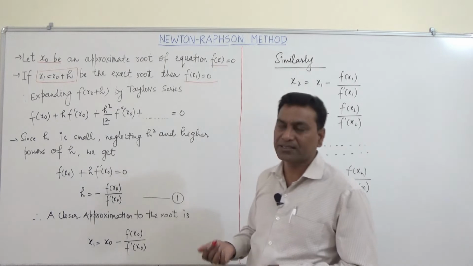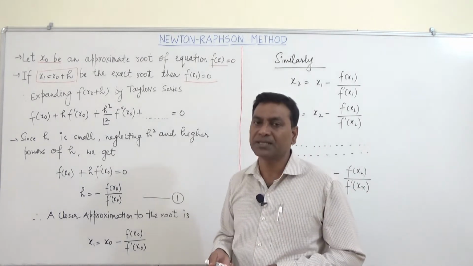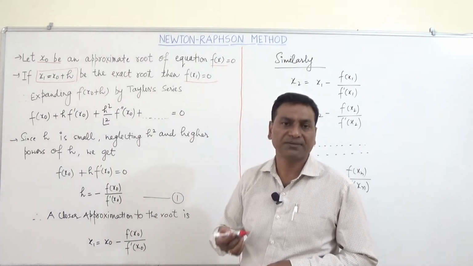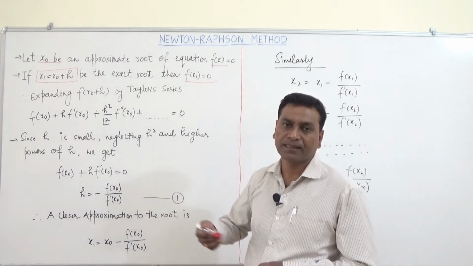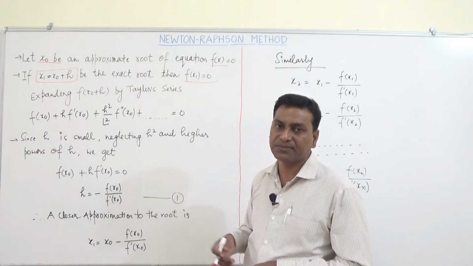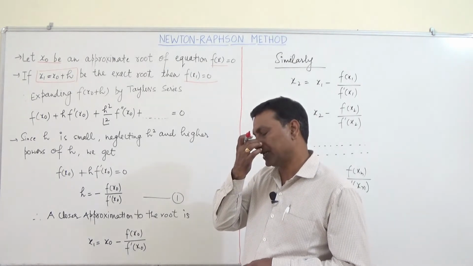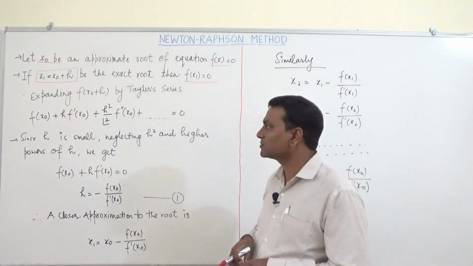Now we will expand f(x0 plus h) by Taylor series, and we are familiar with the Taylor series. We have already seen it in so many places in mathematics, so we can apply it here also.